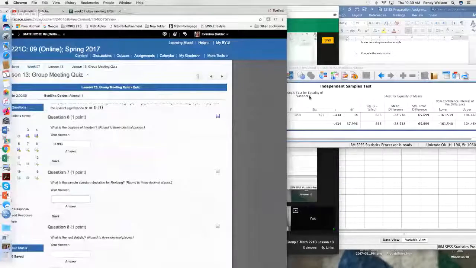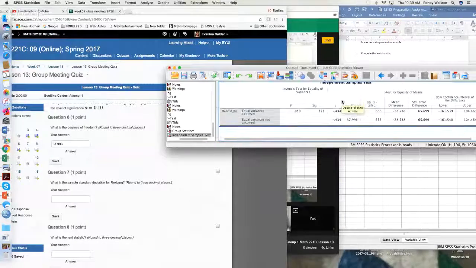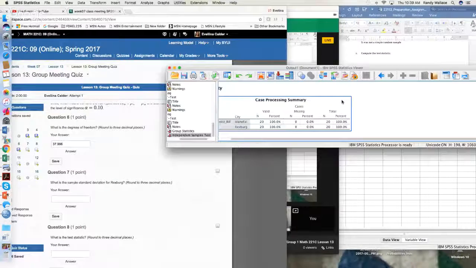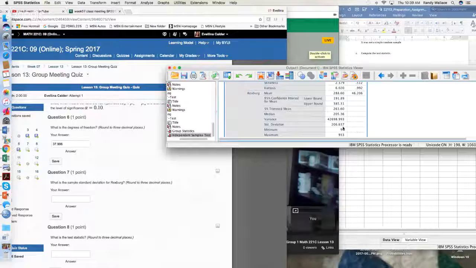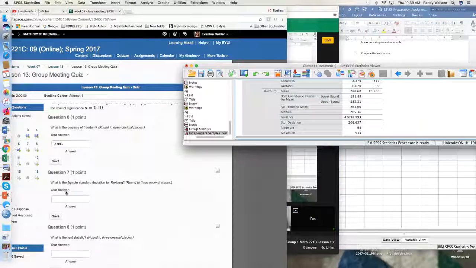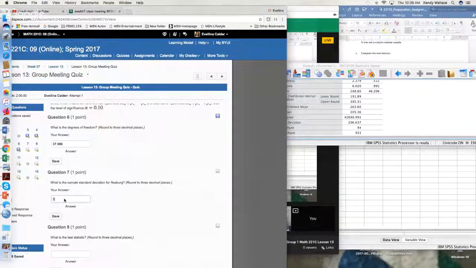What is the sample standard deviation for Rexburg? So the standard deviation for Rexburg is 206.637. Yeah, 206.637. Okay.